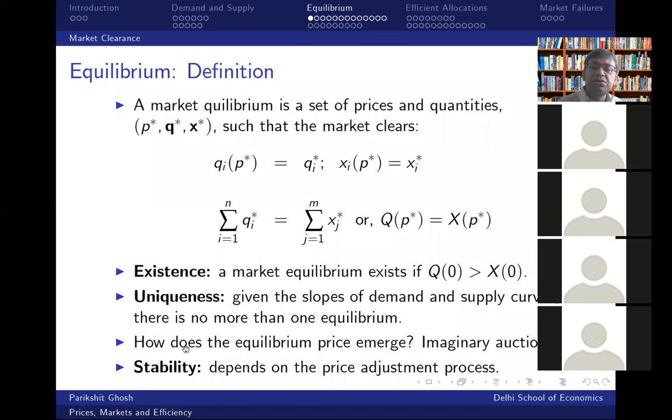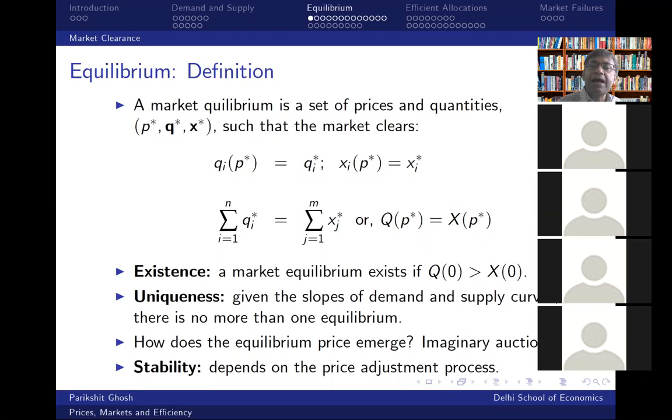Then there are notions of stability. The model we are studying is a static model. The assumption is that there may be a period of adjustment, but eventually prices adjust to this level. There are dynamic models where the prices may start off at a level where demand and supply have a mismatch, and the models specify how the price is adjusted if there's an excess demand or an excess supply.